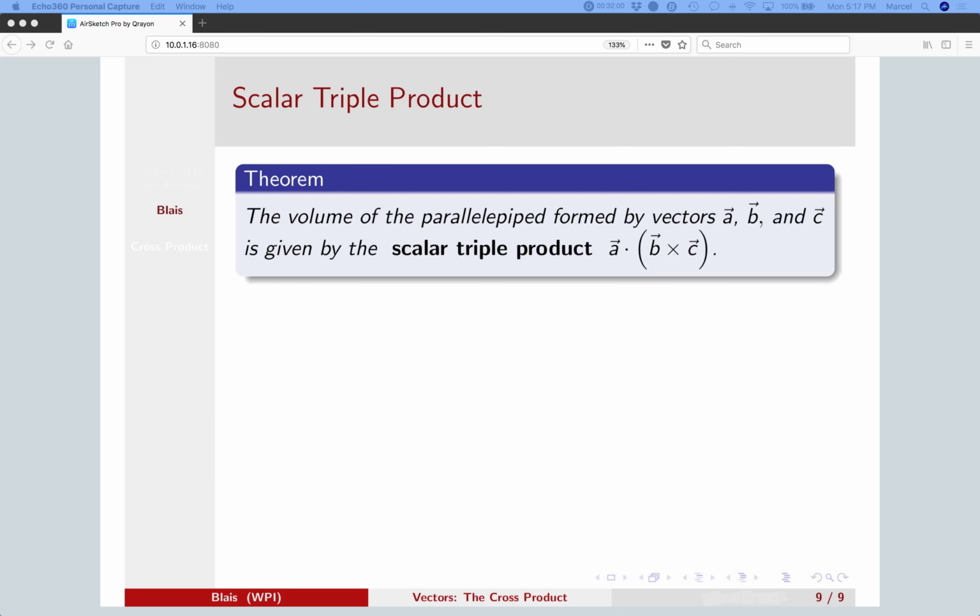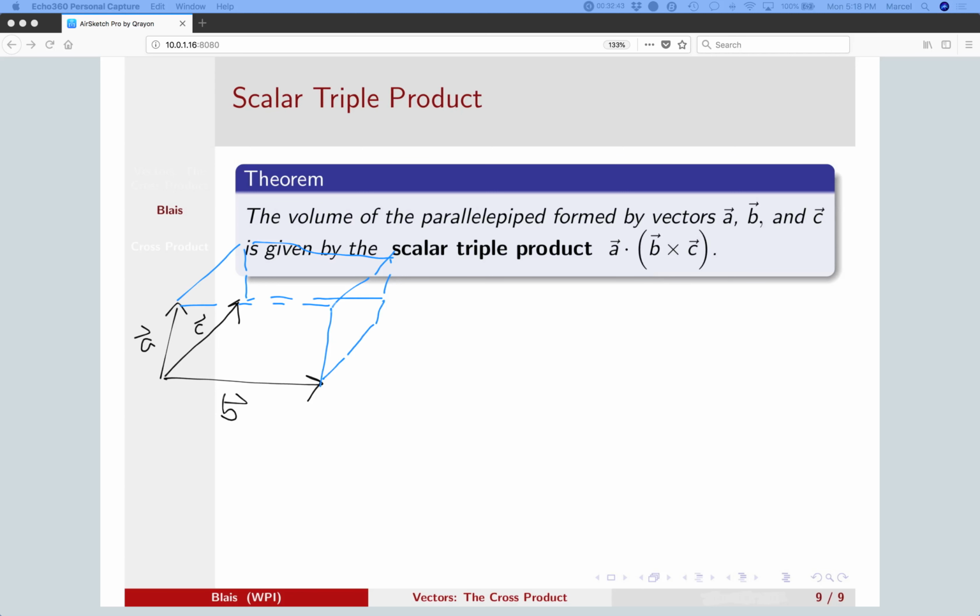The last topic comes about with this idea of a parallelepiped. So a parallelepiped is the analogous three-dimensional object from a parallelogram. Take vectors in 3D and then with them form all the parallelograms you would need to form this box.